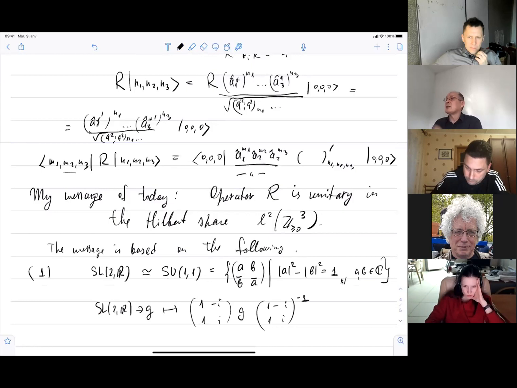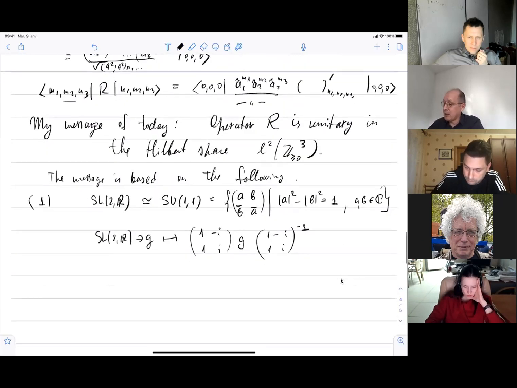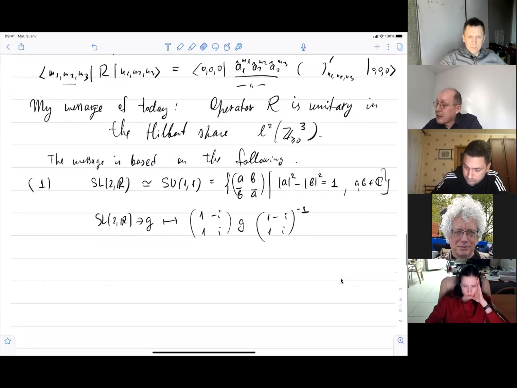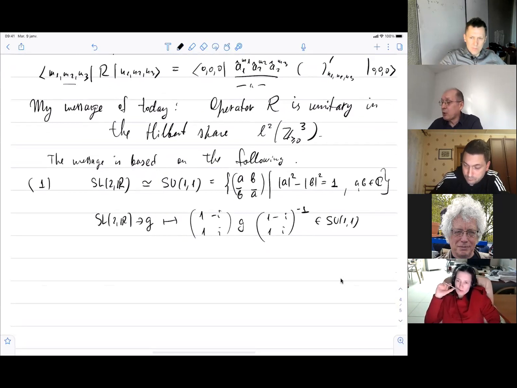Okay, this is the first point, and so this lives in SU11. So we have a group manifold of SL2R.